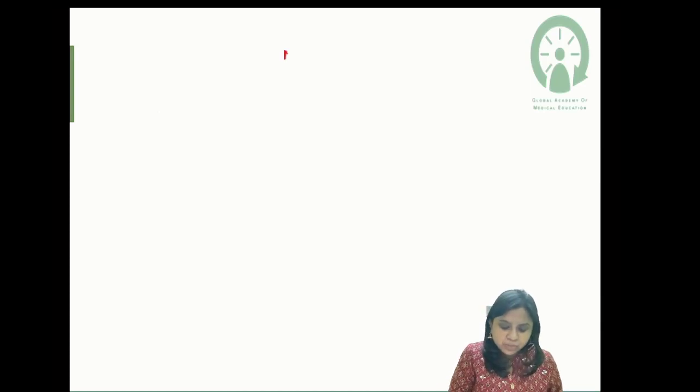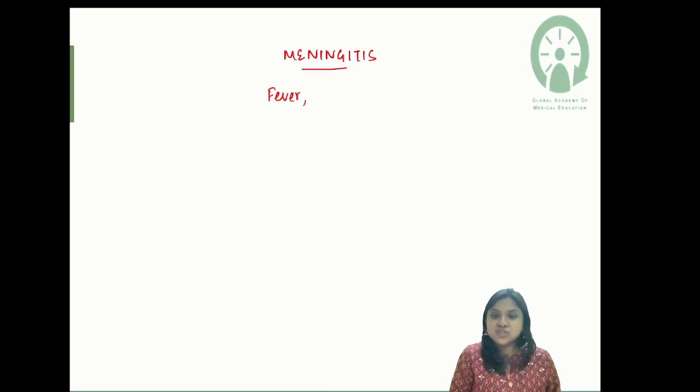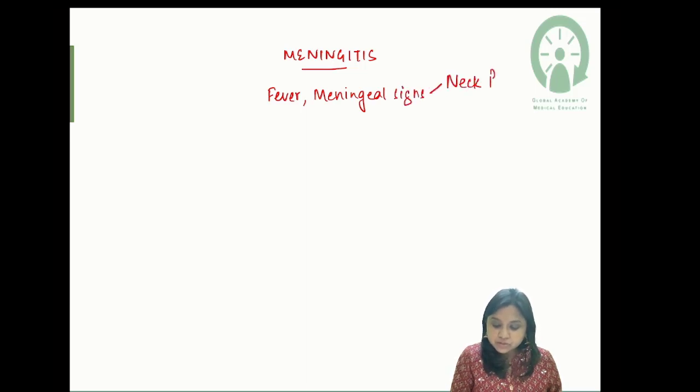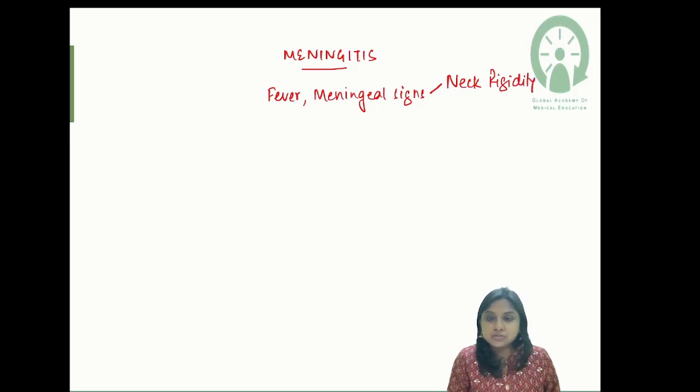Now in any case of meningitis, right? So first of all, you need to suspect that a child is having meningitis. So there is going to be fever, and there are signs of raised ICT and meningeal signs. So what I mean by meningeal signs? So there is going to be neck rigidity, and we'll find there is going to be photophobia.